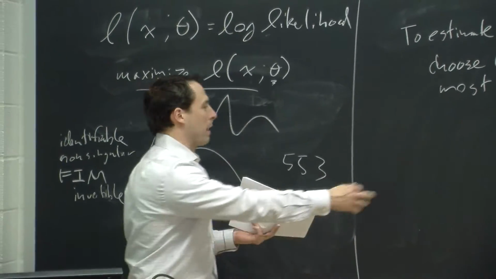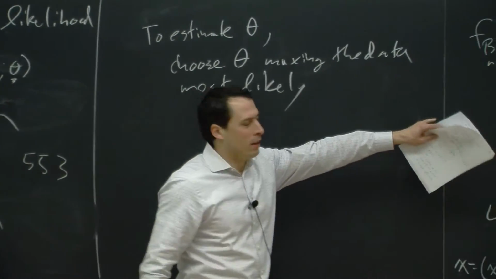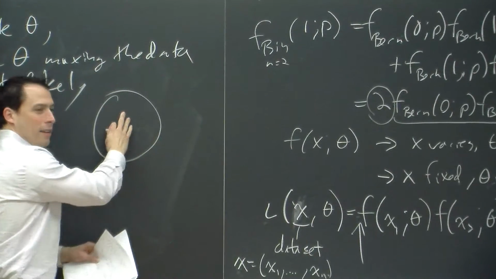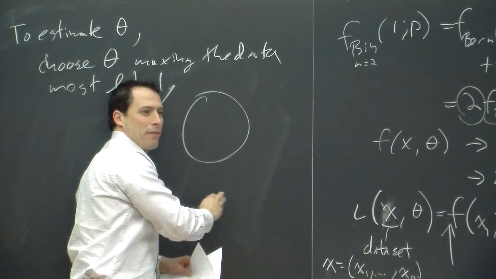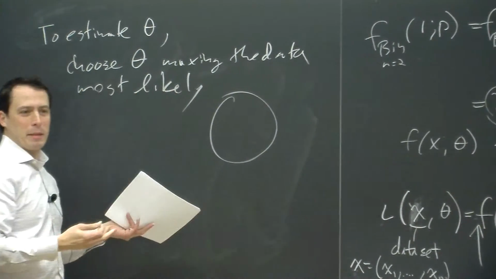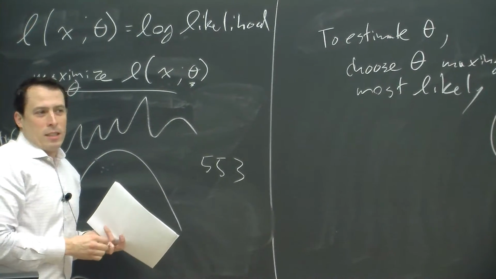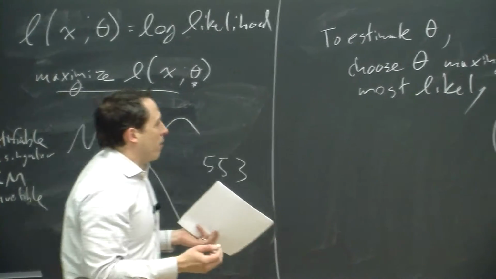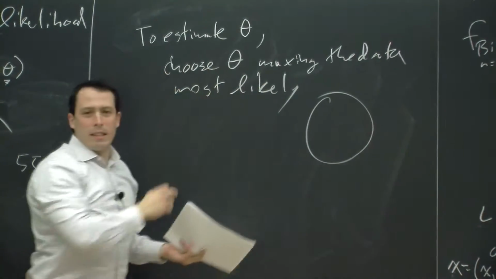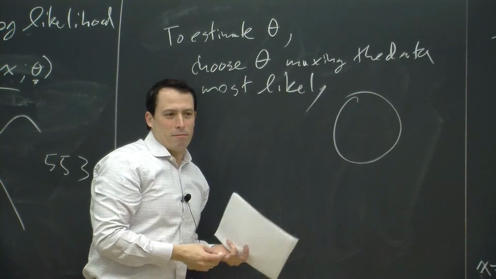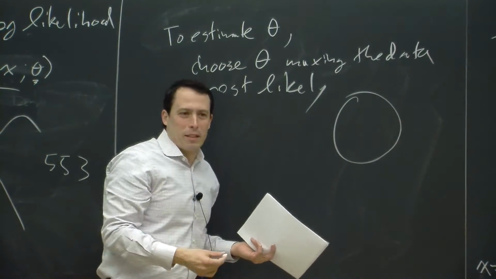Say I had a binomial distribution. I threw a chalk at the board a lot of times, and I hit it half the time and missed half the time. What would your guess be for the parameter of how likely I am to hit it? Yeah, 0.5, and that turns out to be the maximum likelihood estimate. What if I hit it a third of the time? The guess would be a third, and that would be a good guess.